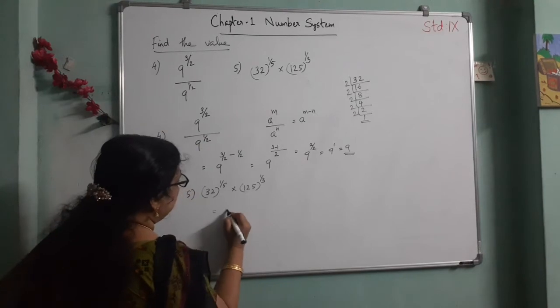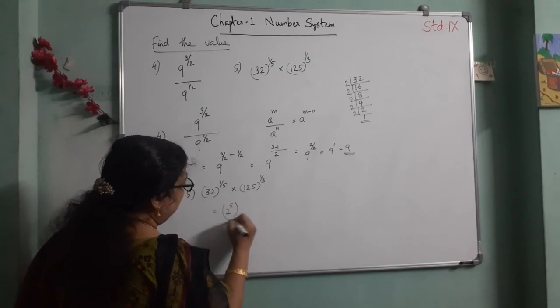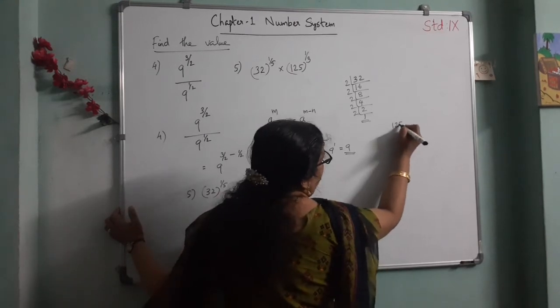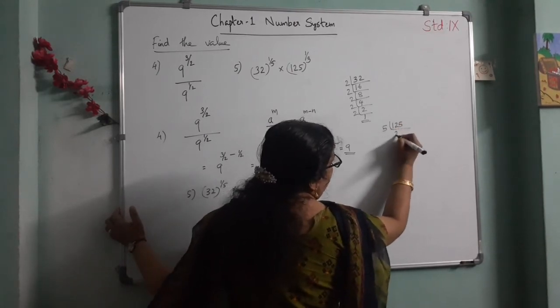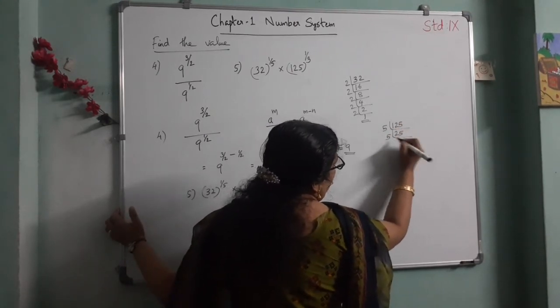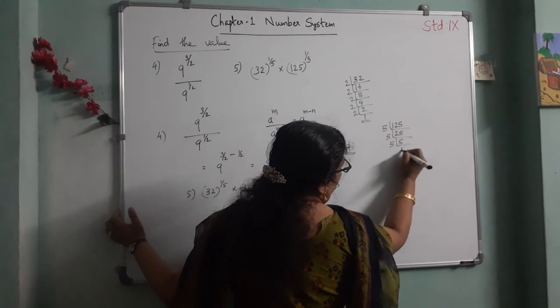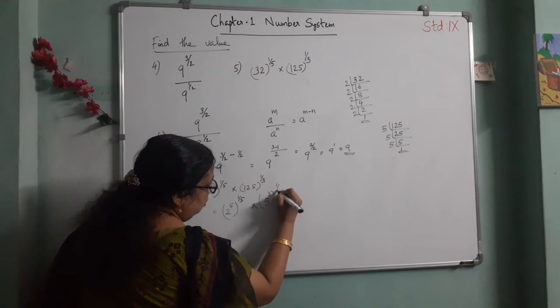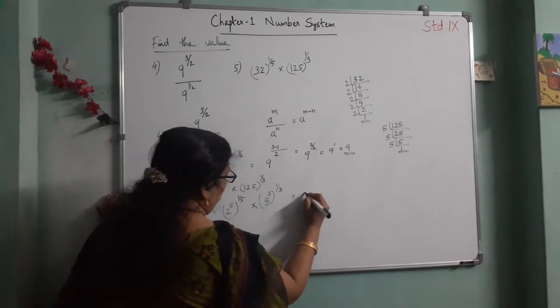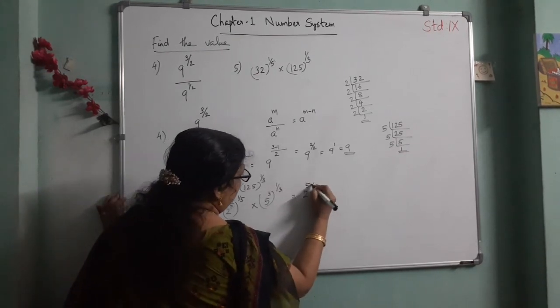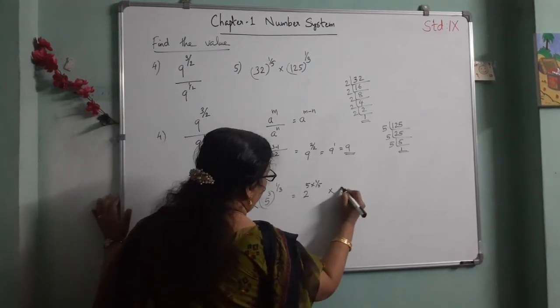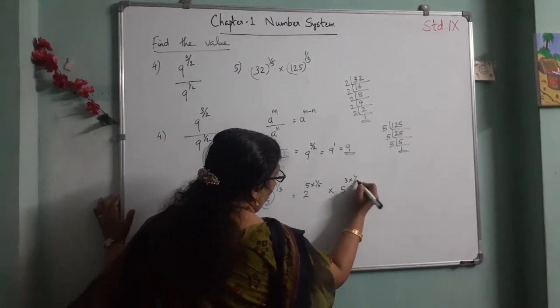That is, which is equal to (2 raised to 5) the whole raised to 1 by 5, into 125, 25, 5, 1. That is 5 cube, the whole raised to 1 by 3, which is equal to 2 raised to 5 into 1 by 5, the power, then into 5 raised to 3 into 1 by 3.